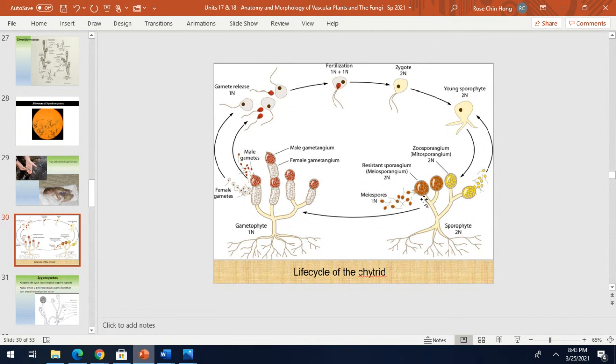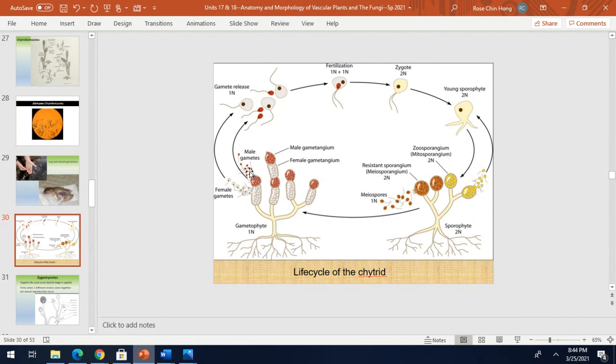They will go through meiosis to make meiospores, and then once they germinate, they will develop into a gametophyte, and then when it gets to a mature gametophyte, they will make gametes. So the gametophyte will make the female gametes and male gametes.